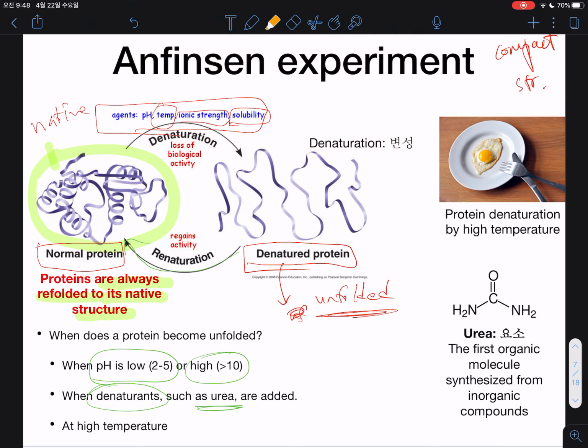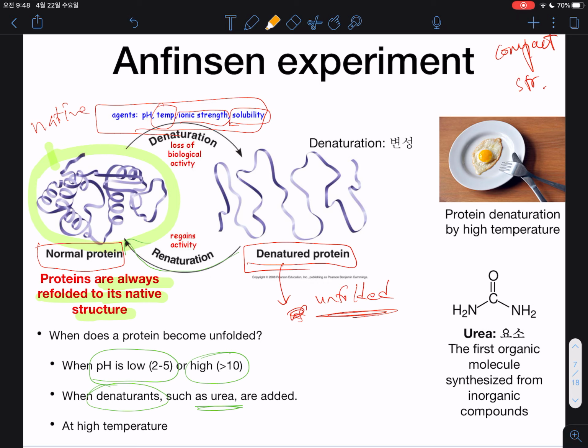An everyday example of protein denaturation is a fried egg. If you break an egg on a frying pan, at first it is transparent, right?